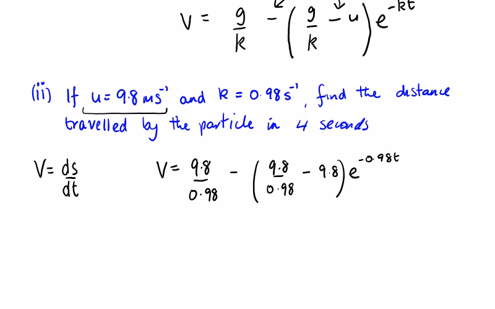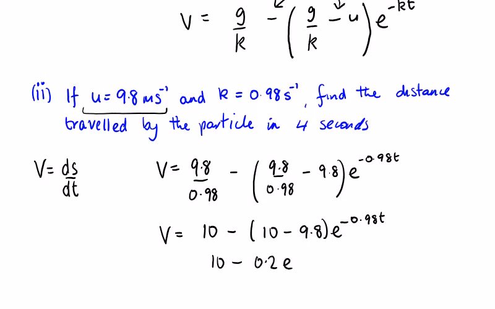So we tidy this up: velocity is 10 minus 9.8 by e to the power minus 0.98t. So that's going to be 10 minus 0.2 e to the power of minus 0.98t. So that's ds/dt.